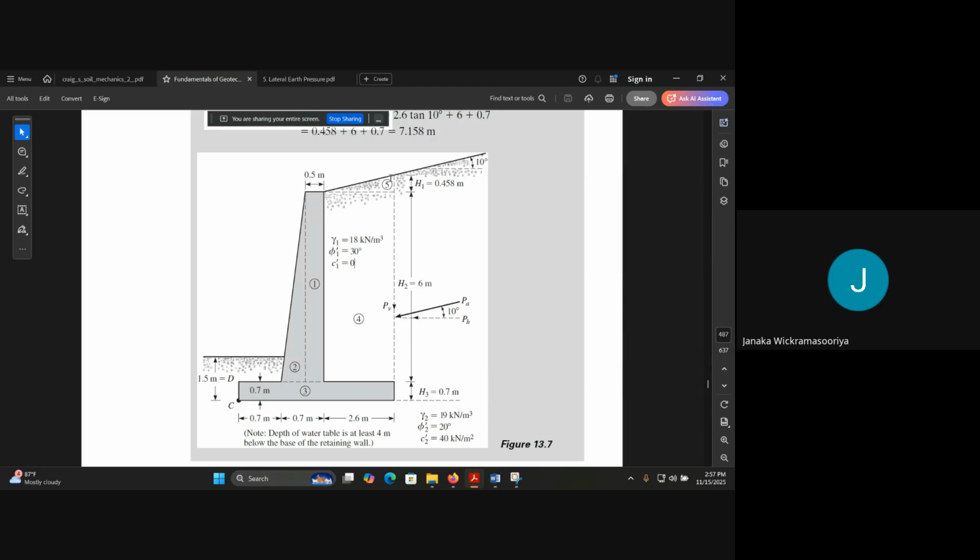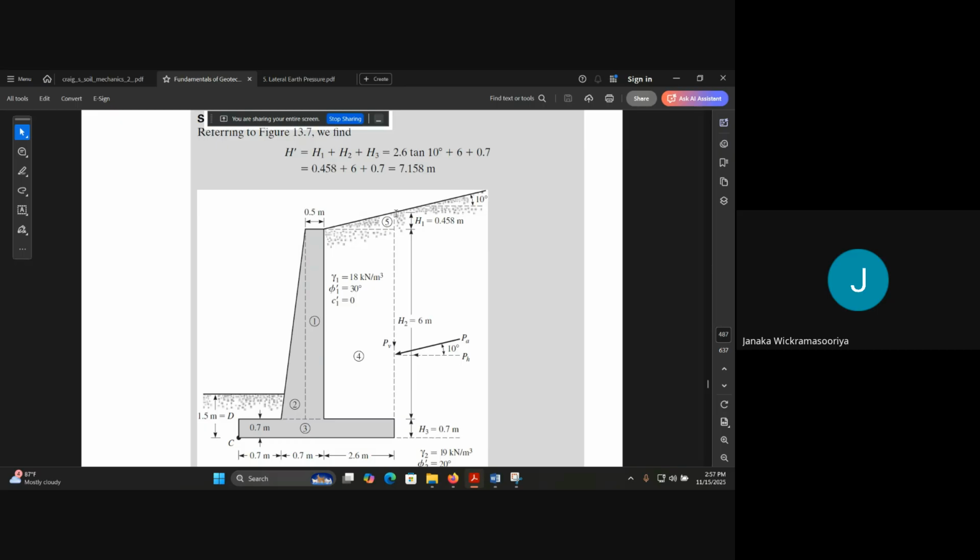So there would be only the triangle part, and the rectangle would not be there. First of all, you can find this total length. You can mark this point as A, and the bottom point as B. We will apply Rankine's theory from A to B, assuming that this is a vertical and smooth plane.